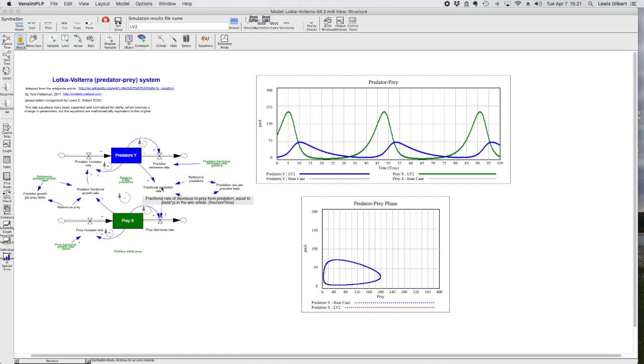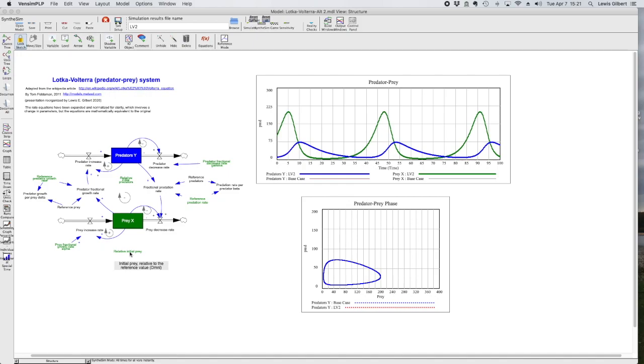Similarly, this parameter here tells us how fast the predators are eating bunnies, and these here do the same kinds of scaling.